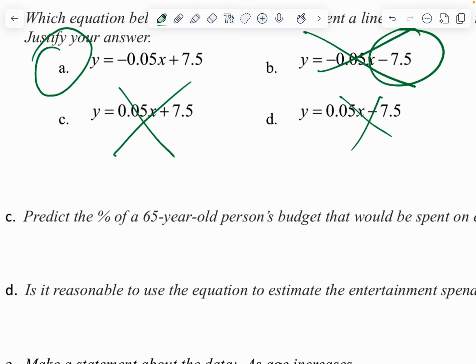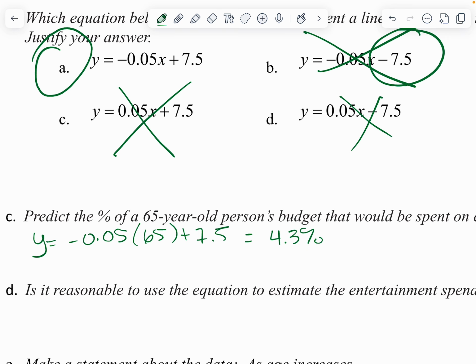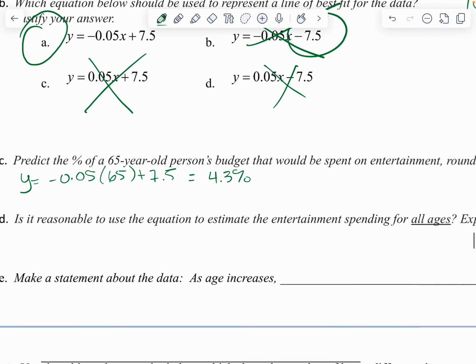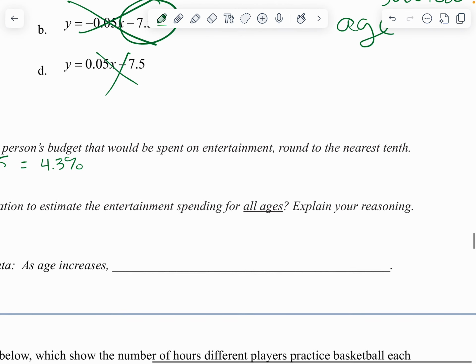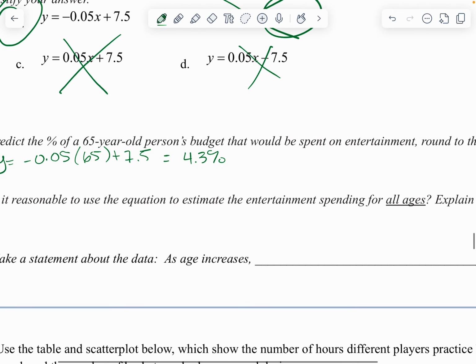So you're just taking that equation, y equals negative 0.05x plus something, putting in 65 and finding that answer, and you should come up with 4.3%.